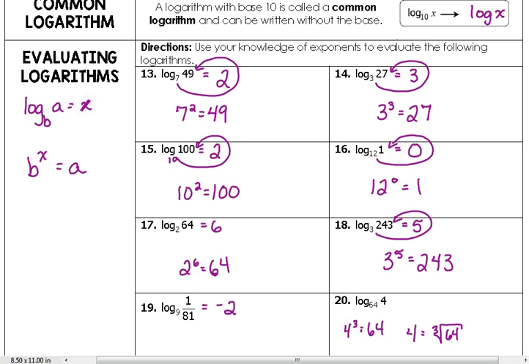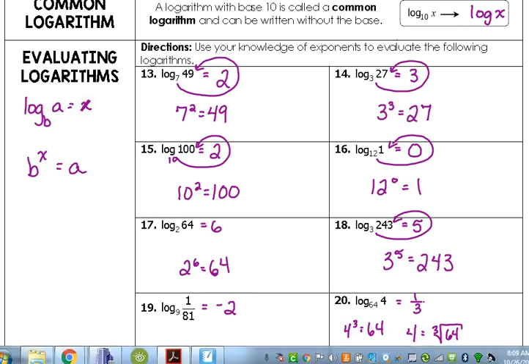Now, does anybody remember from Math 2 how we can express the cube root as an exponent? It was a fraction, the 1/3. The cube root is the same as the 1/3 power. So 64 to the 1/3 equals 4.